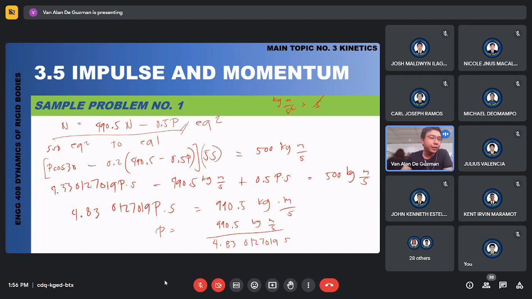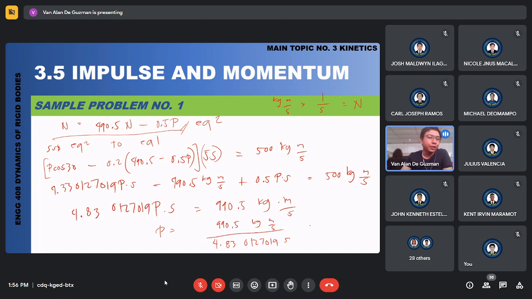So what is left there? Unit analysis. We have here kilogram meter per second divided by second. So that is kilogram meter per second times 1 over second. That is kilogram meter per second squared, which is the unit of Newton, the unit for force, which is our force P.